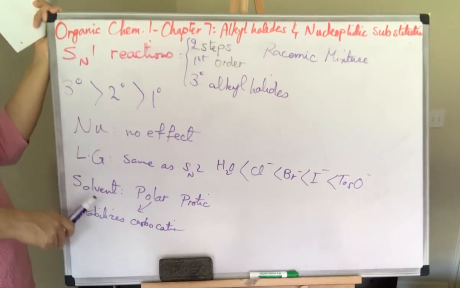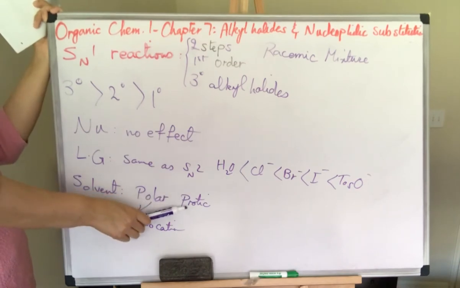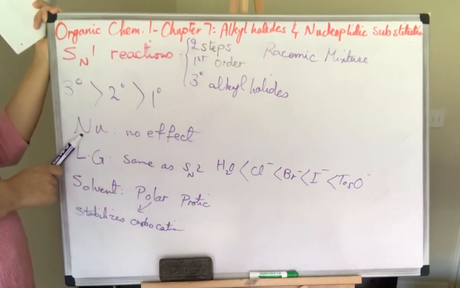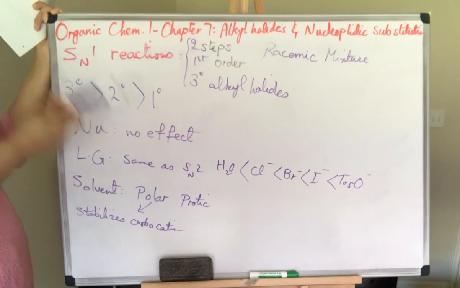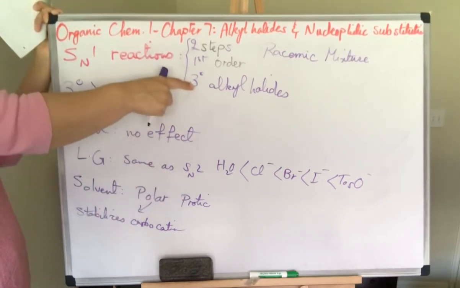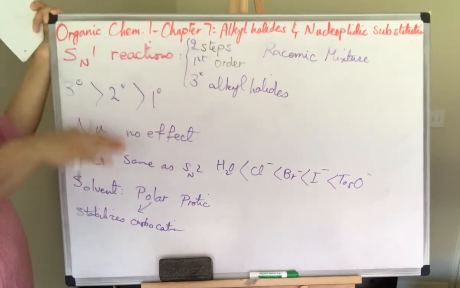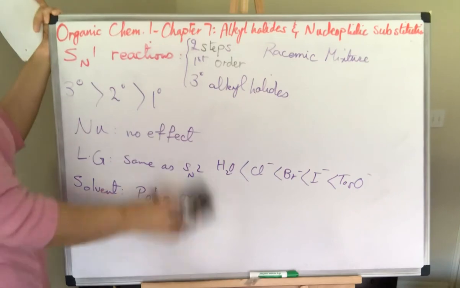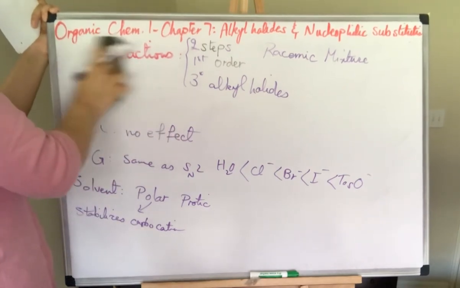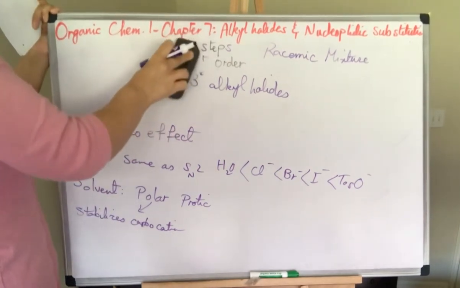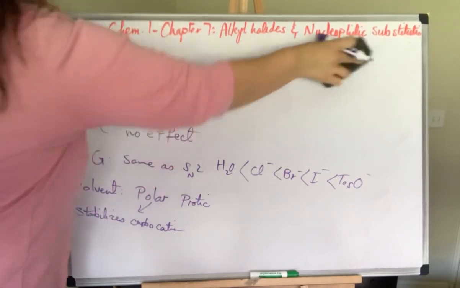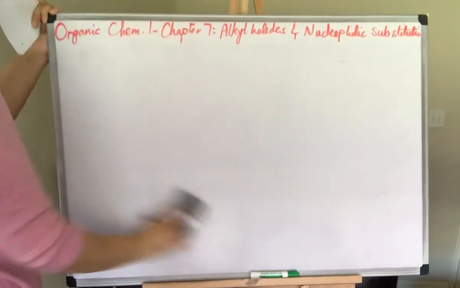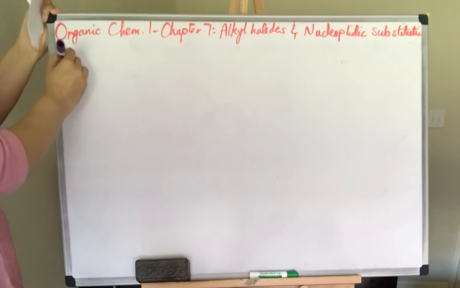So a proton on the solvent does not do anything to the nucleophile, and it's not important for us. So mainly when you have a polar protic solvent and a tertiary alkyl halide, that's the sign for an SN1 reaction. Ready to work on some exercises? Yes, you learned the facts, keep them in mind, review them, and let's work on page 8.